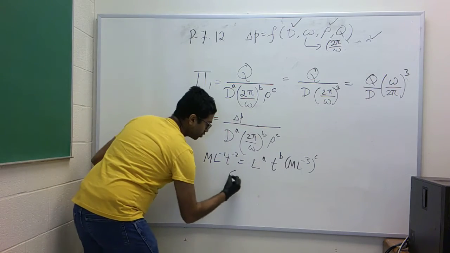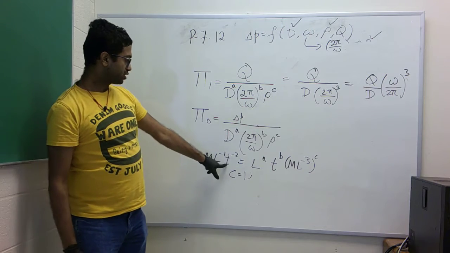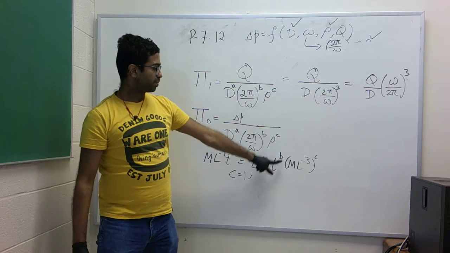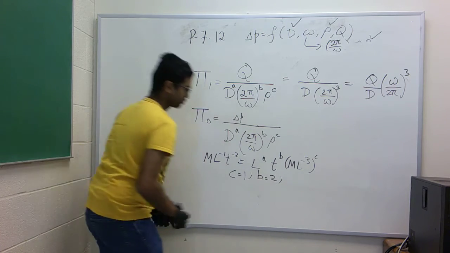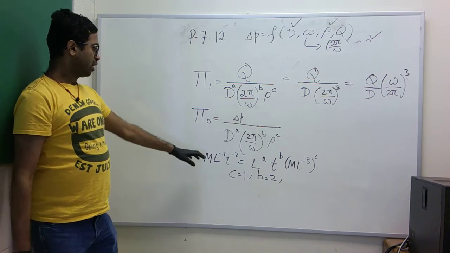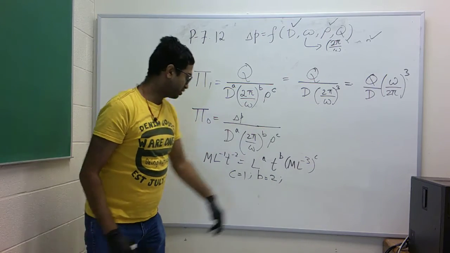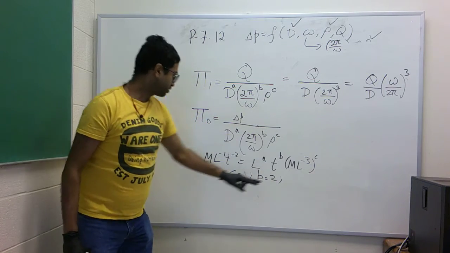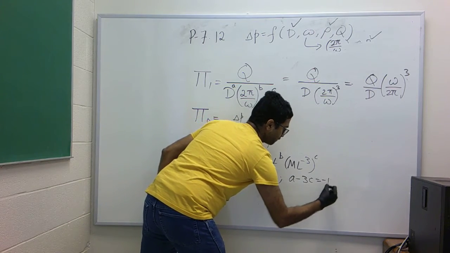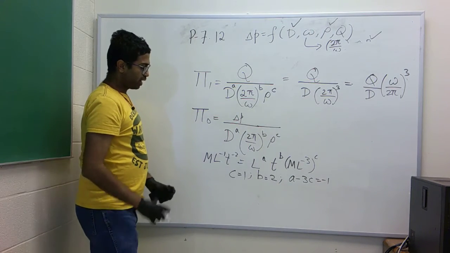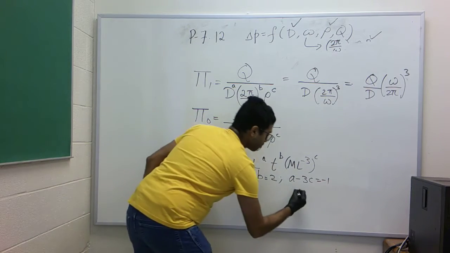So right away C should be equal to 1. And then there is T power minus 2, T power B, so B equals minus 2. And then I have L power minus 1, I have L power A minus 3C. So A minus 3C equals minus 1. Since C is 1, that's minus 3, so A equals 2.